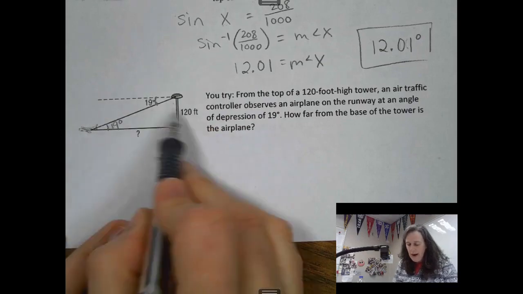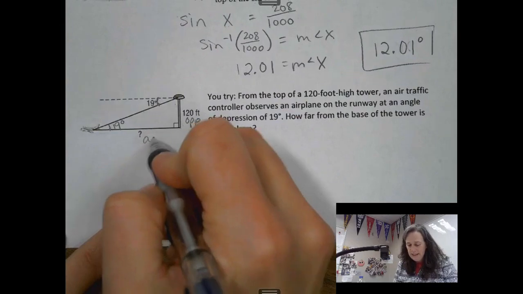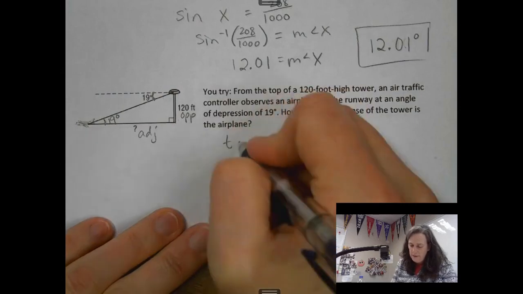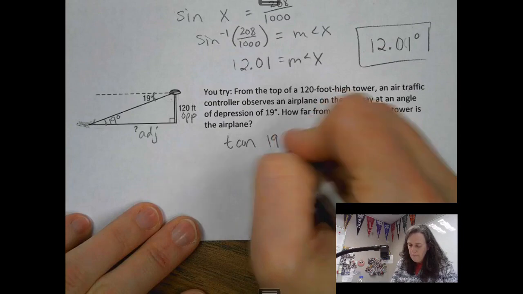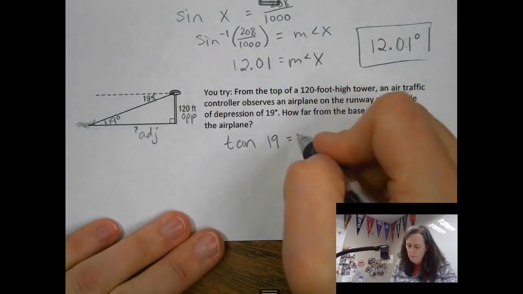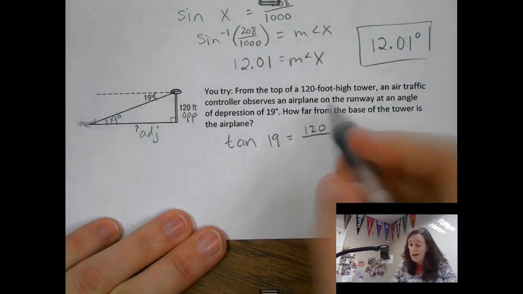We have opposite, and we're looking for adjacent. That sounds like another tangent. The tangent of 19 equals opposite over adjacent, 120 over x.